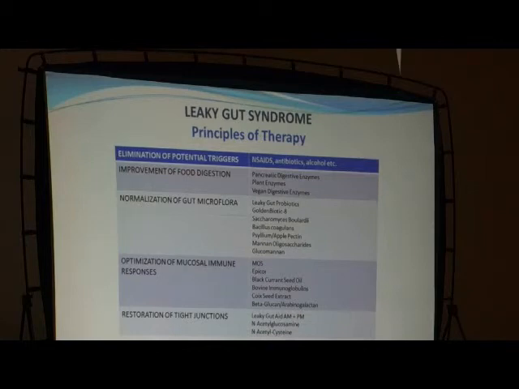Epicor is an extract from brewer's yeast, and it's been shown to significantly increase the level of secretory immunoglobulin A, a molecule which protects our gut from intruders. It's a unique product, and in clinical trials it's been proven to work extremely well for people with low IgA, not complete but partial IgA deficiency.